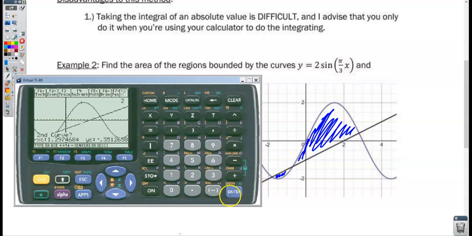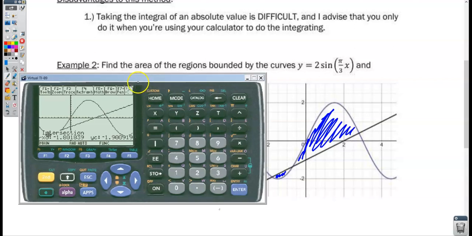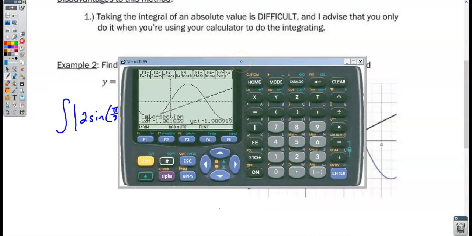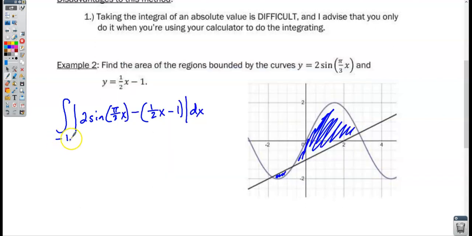So first curve, second curve, my lower bound is way over here. The x-coordinate here is going to be my lower limit of integration, negative 1.801839.